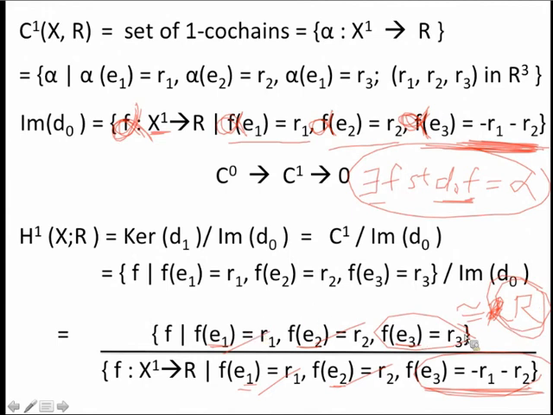And so we can send our functions to basically wherever. So in this case, if I send my function in my one cochains to the element in R3 corresponding to R3, that would define my function right there. So we can calculate our cohomology. Any questions about calculating cohomology?